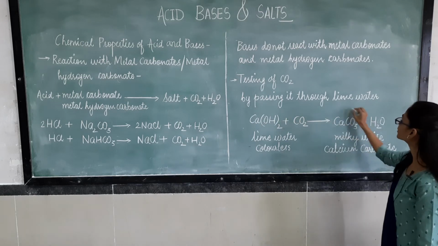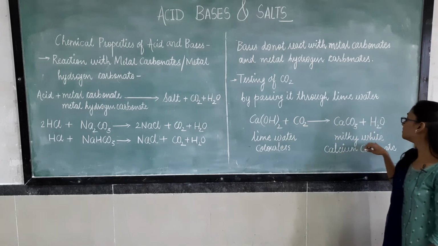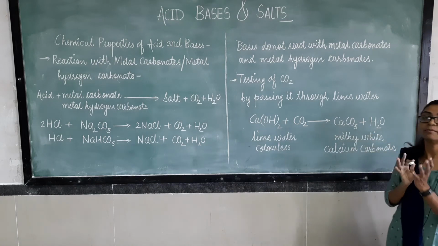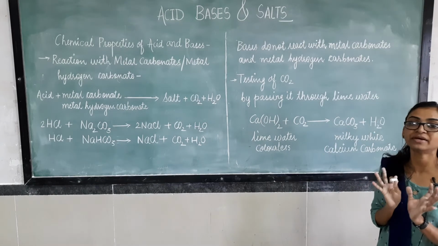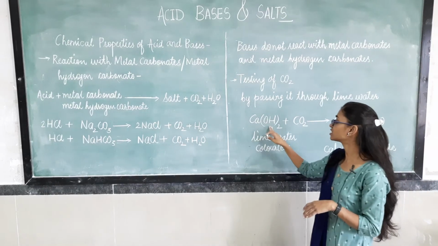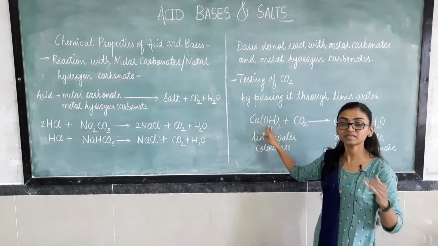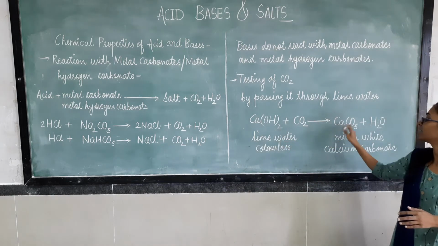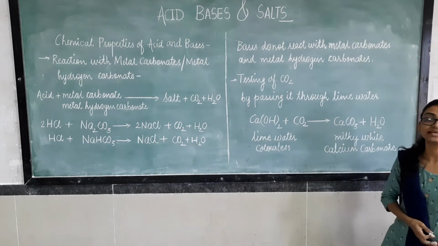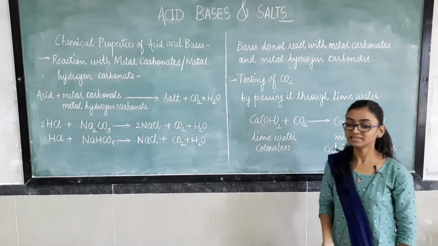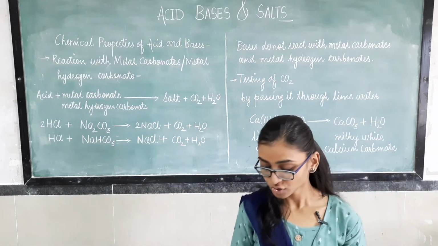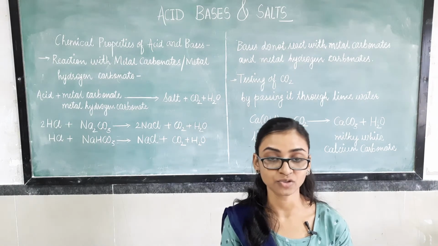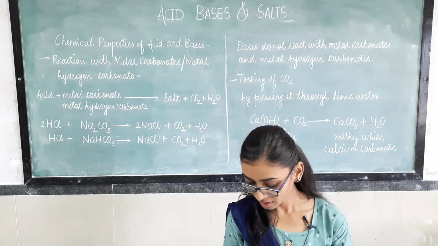This calcium carbonate is milky in color, so when it is formed, a milky white solution will appear, as the calcium hydroxide was colorless. So this milky white solution shows the presence of carbon dioxide, okay?